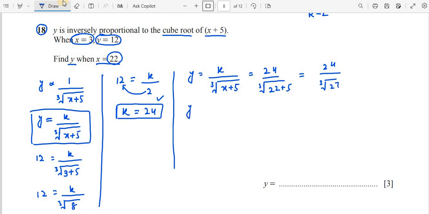So y is equal to 24, the cube root of 27 is equal to 3, so 3 eights are 24. So y is equal to 8. Final answer is 8.